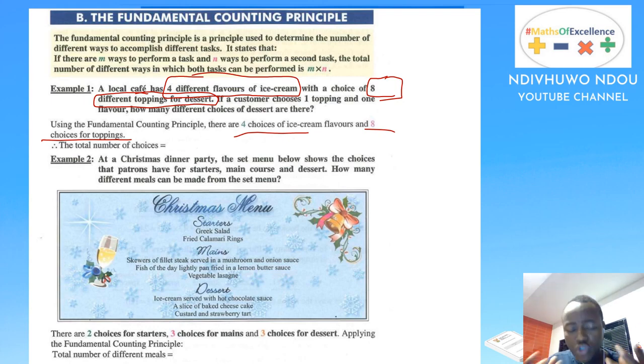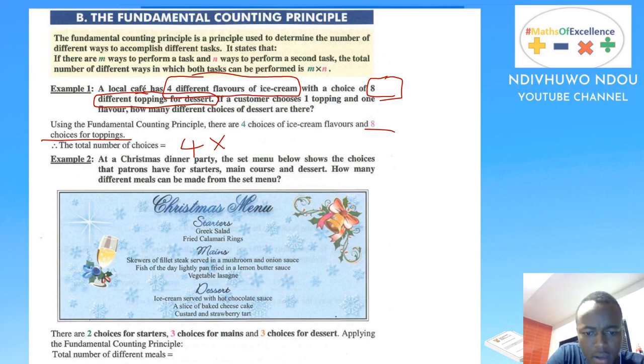Now we are talking about choices, right? So you simply multiply the number of choices that you have for each particular situation. So we had 4 choices of ice cream, then we'll multiply with 8 choices of different toppings.